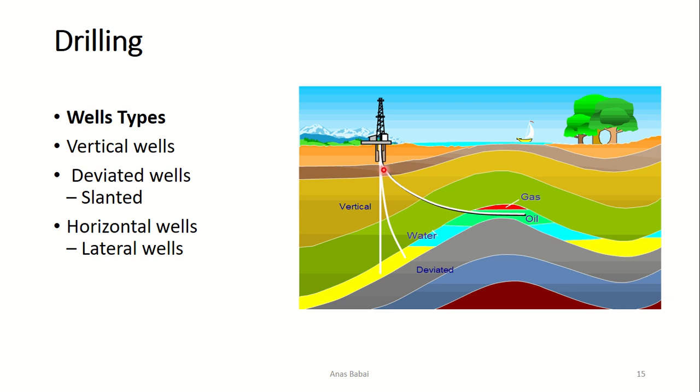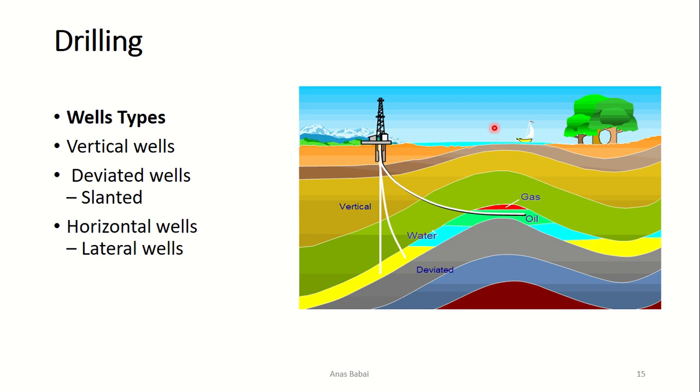Deviated wells: in some areas we cannot put the drill rig directly above our target, so we have to move the well a further distance from the target. In this case we can go for deviated or directional drilling in order to reach this target without disturbing whatever exists above the target.